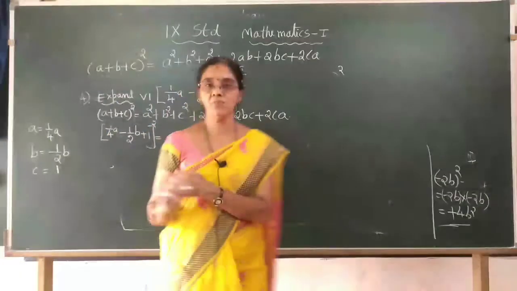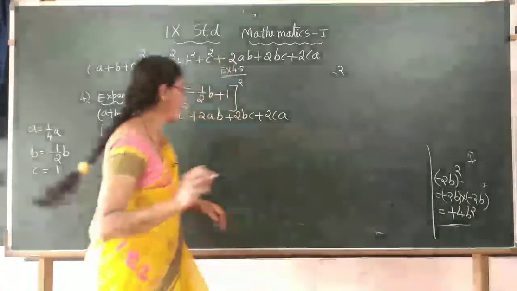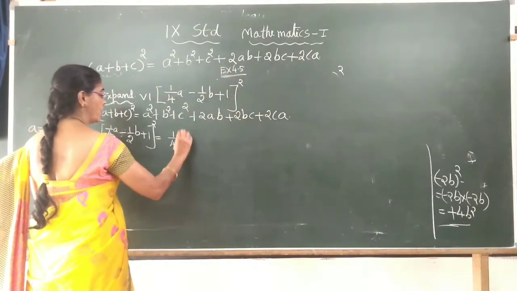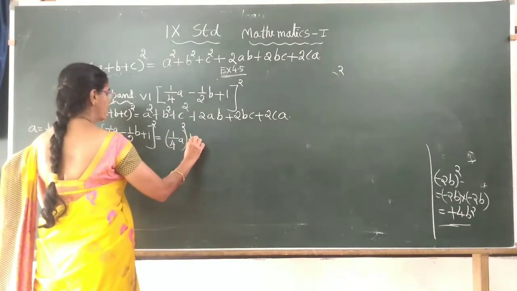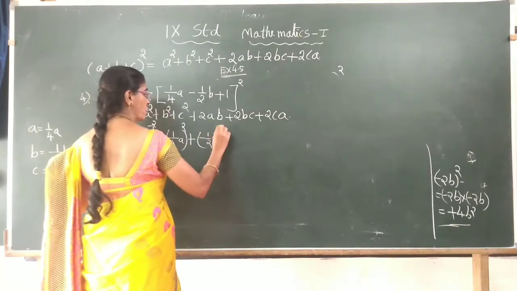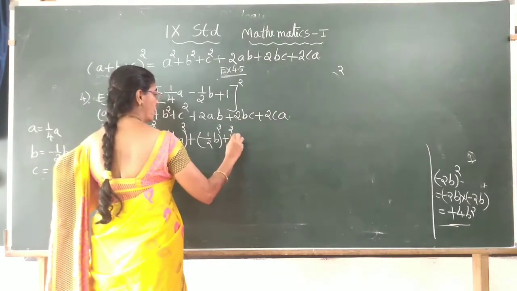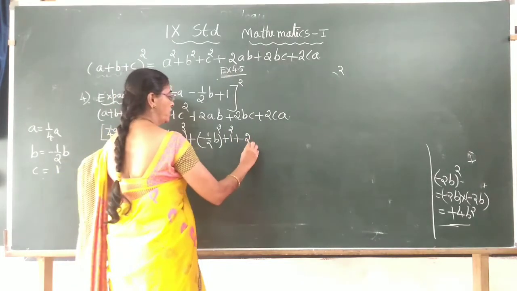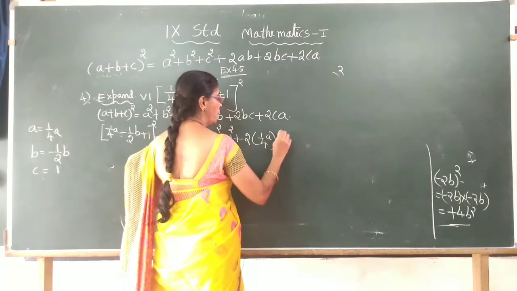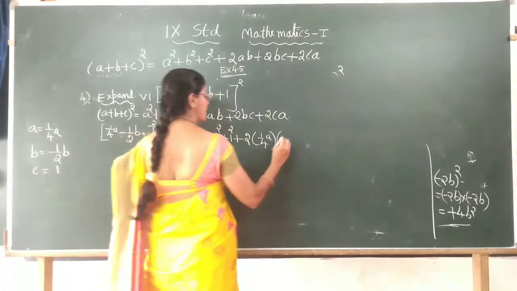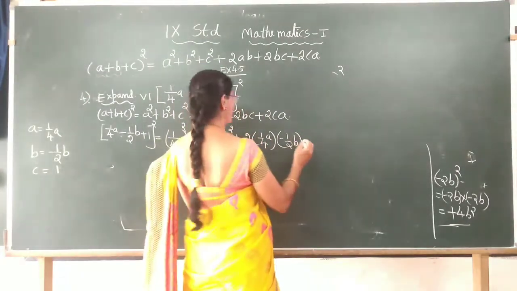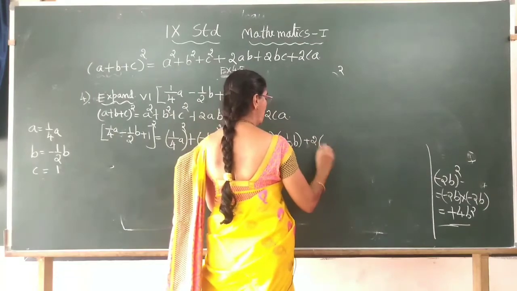Right? Now, A square: what should I write? (1/4A)² plus (−1/2B)² plus C square, which is 1 square, plus 2AB. 2 into A, which is 1/4A, into B, which is minus half B. Then 2BC: 2, what is B?